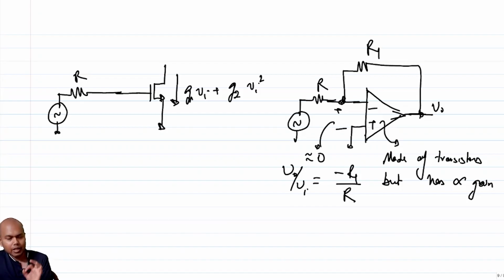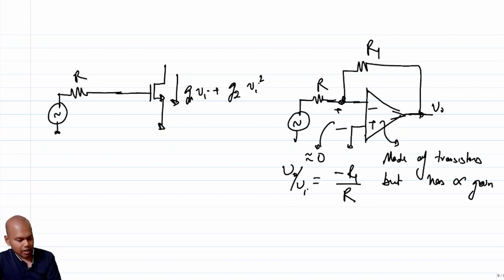Because you have limited the swing at the input of your nonlinear devices, the input of a nonlinear op amp, the negative feedback is ensuring that the output is only a ratio of R1 and R, which are both linear, hence your output is also linear, even though the forward path having the op amp is made up of completely nonlinear transistors, right?